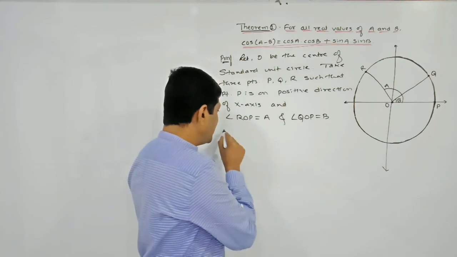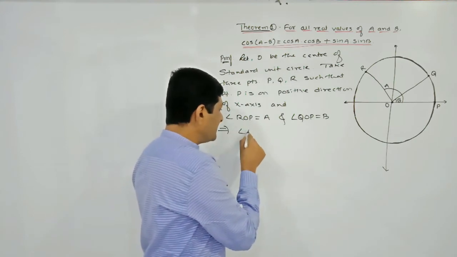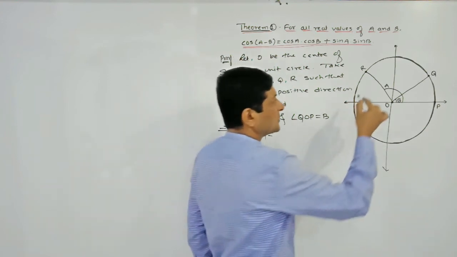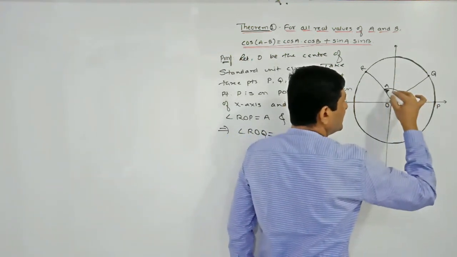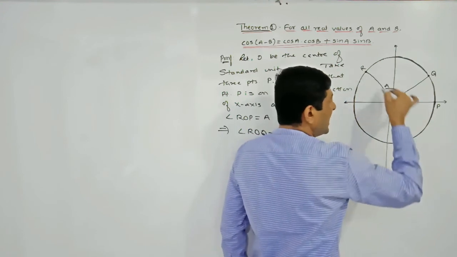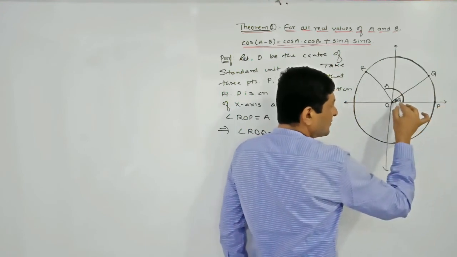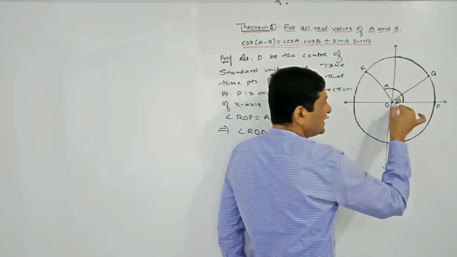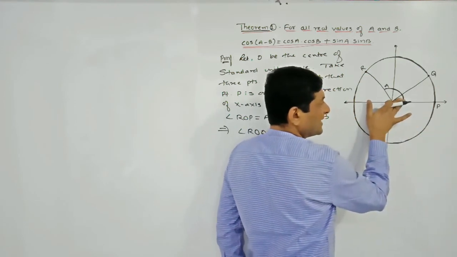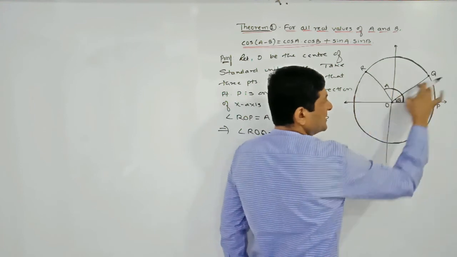So observe the figure here. This implies that this complete angle ROP is equal to A. From this ROP, if we subtract QOP, means if we subtract angle B, this will be the remaining part.